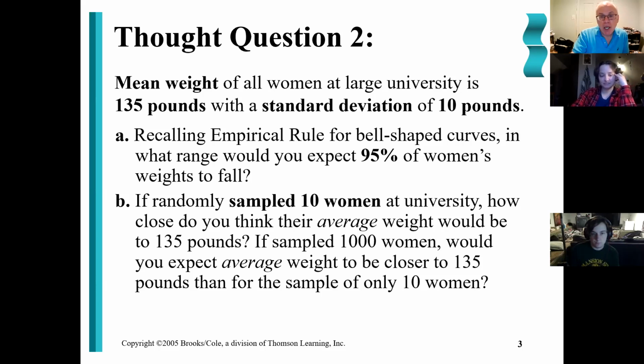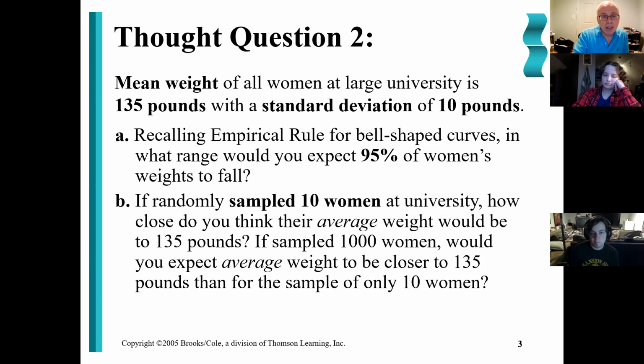And why? Because we're taking the average of 10 women, as opposed to an individual. In part A, we're saying, what if we chose a woman at random? Well, we would expect a 95% chance that a woman's weight would be between 115 and 155, right?